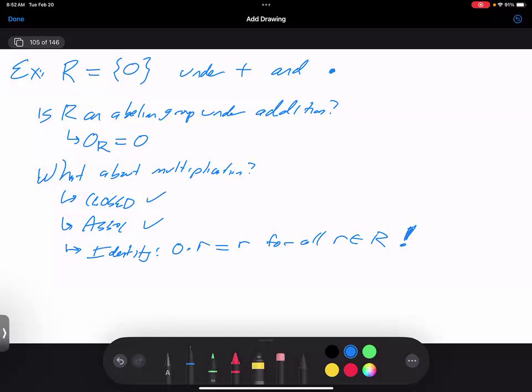It's really strange, but there is an identity. What about inverses? You could even say that it actually has inverses here. We don't need to show that. Distributive law is easy to show. This is an example of a ring.